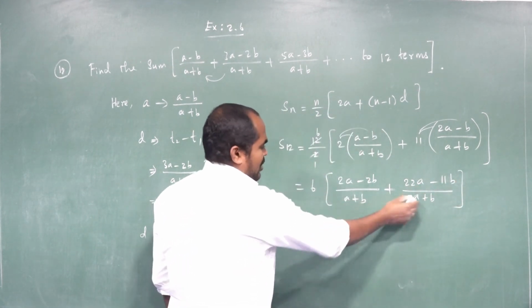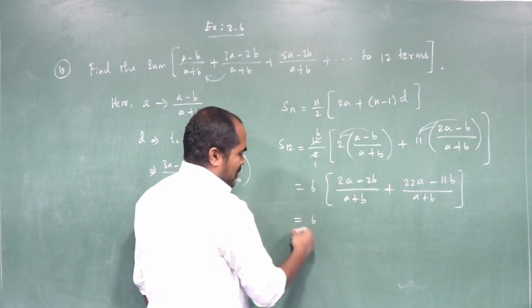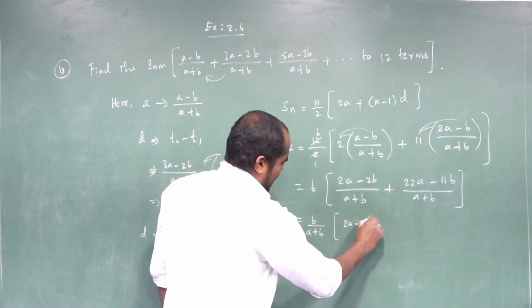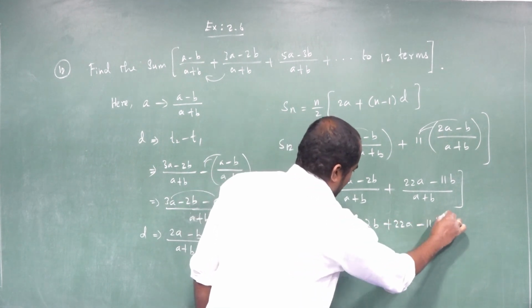Here the denominators are the same, so we take the denominator outside: 6 by a plus b of 2a minus 2b plus 22a minus 11b.